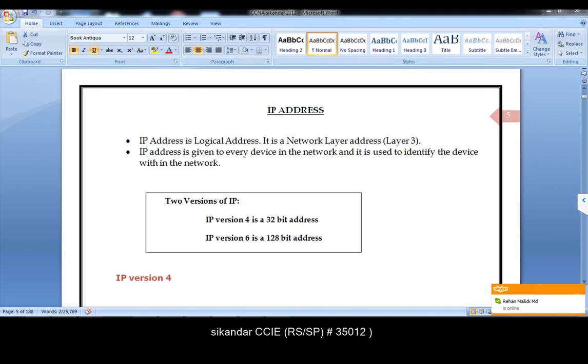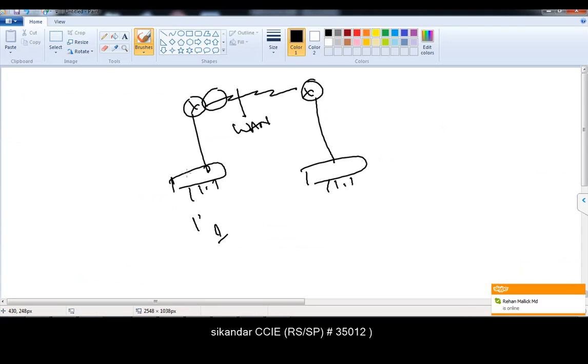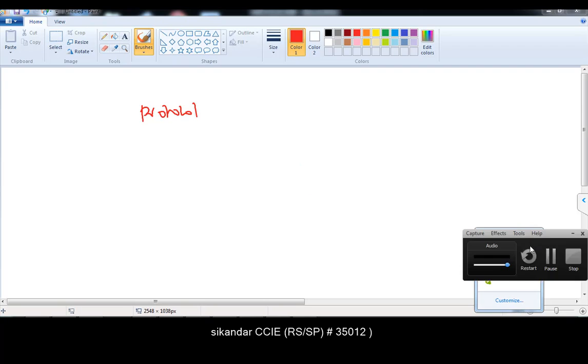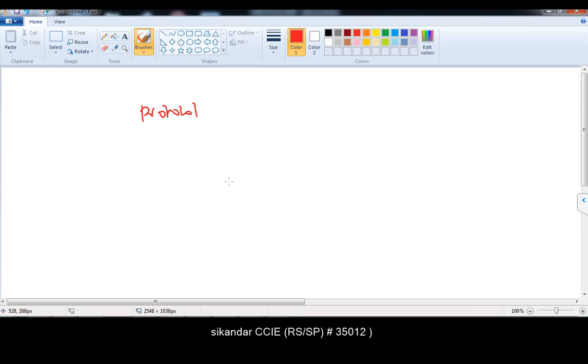You know that for IP address, generally we say there is something called protocols. We know the basic definition of a protocol: a protocol is a set of rules which a user has to follow in order to have proper communication.